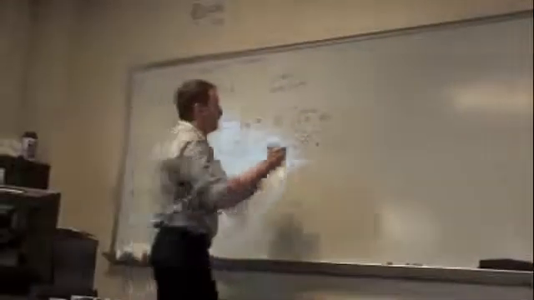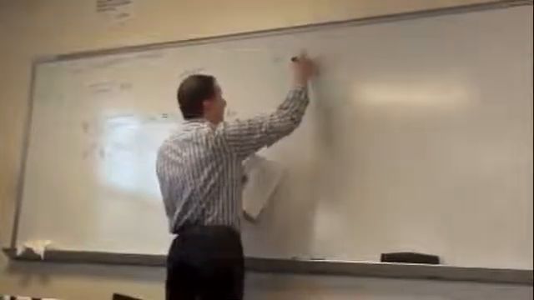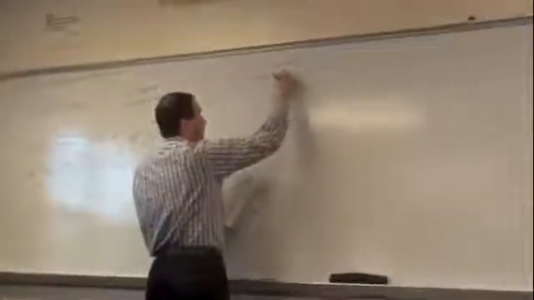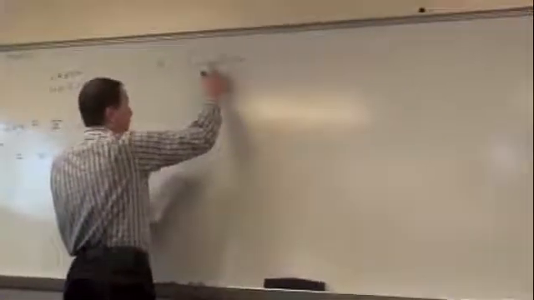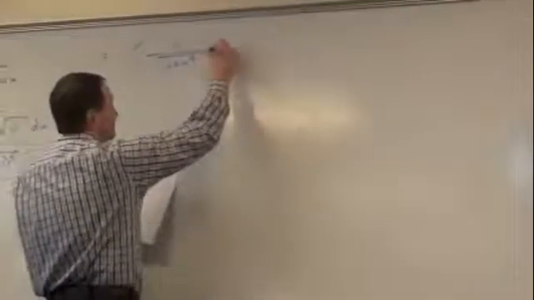Does this seem pretty straightforward so far? All right. What if I look at a problem like the following? I want the integral of x over the root of 1 minus 4x squared dx.